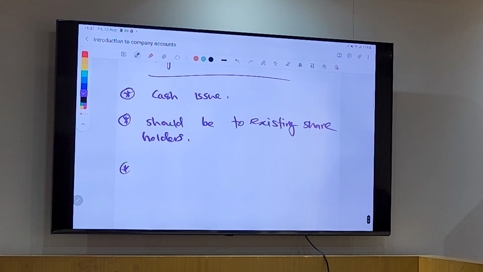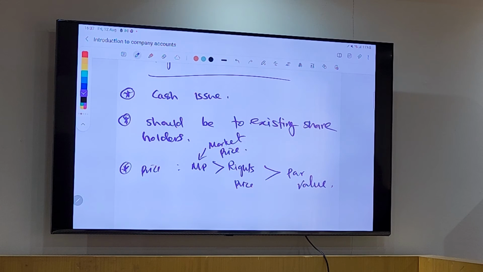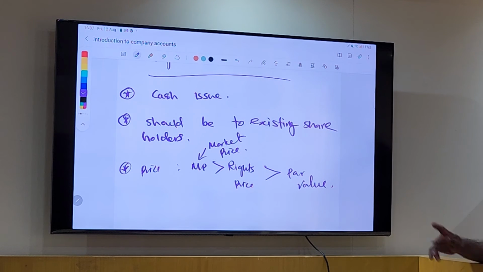Third condition: the price should be less than the market price. MP means what? Market price, the price that you get in the market. The rights price should be less than market price and more than par value.